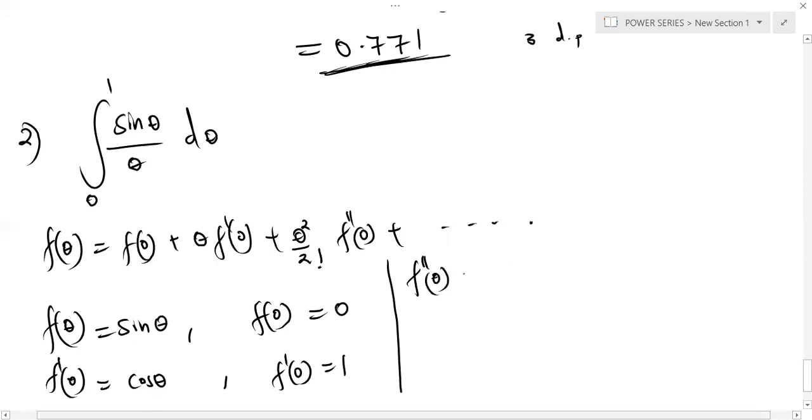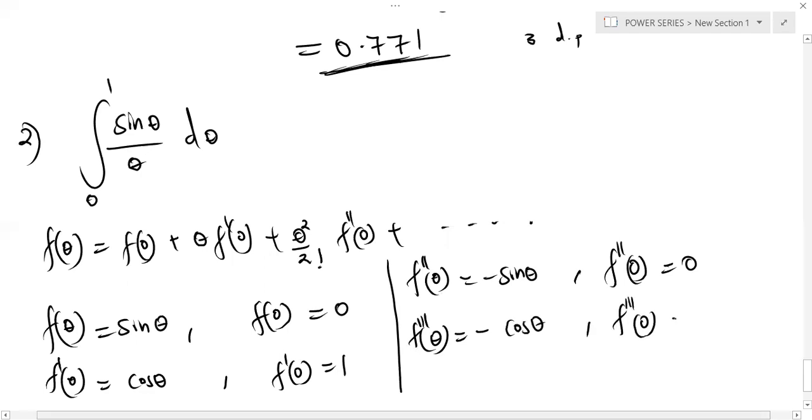Differentiating this, we get minus sine theta. So what's our f double prime of 0? That will obviously be 0. Then f third prime of theta, differentiating this, we get minus cos theta. So our f third prime of 0 will be equal to minus 1. F fourth prime of theta, differentiating this, we have sine theta.